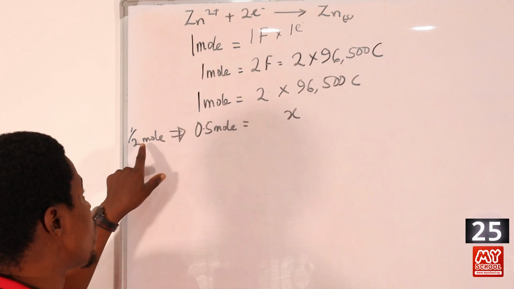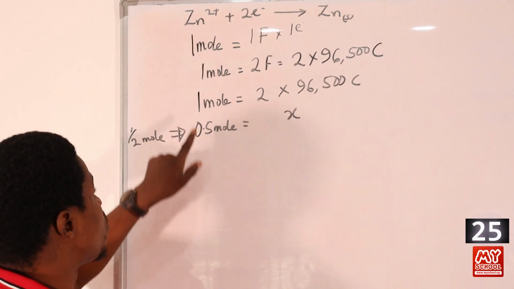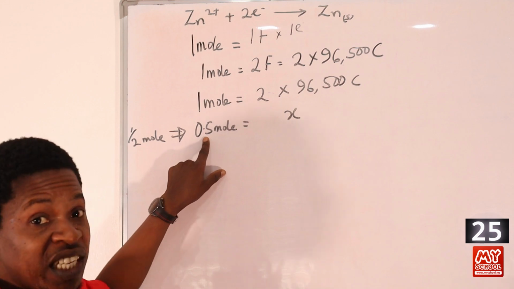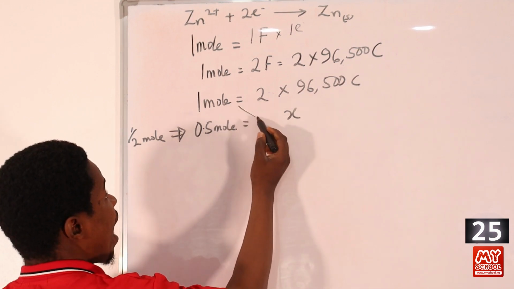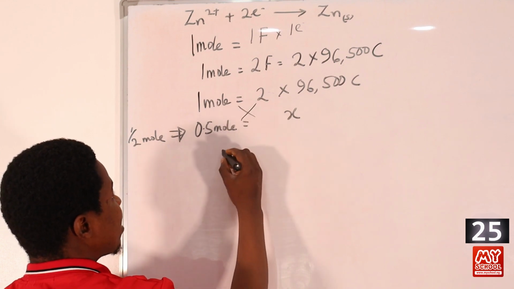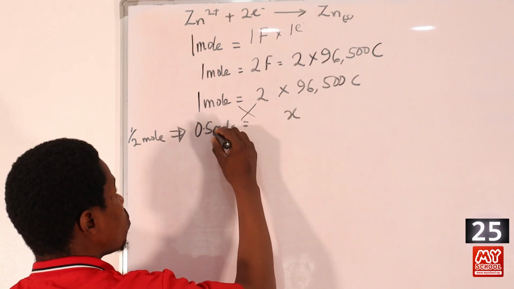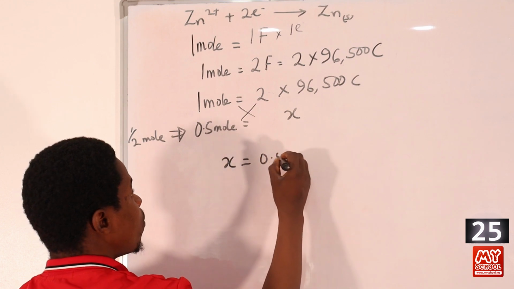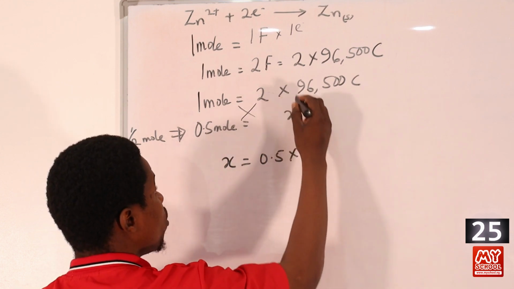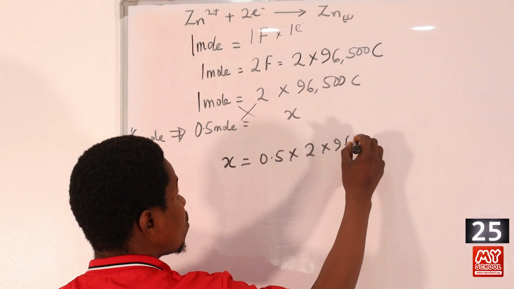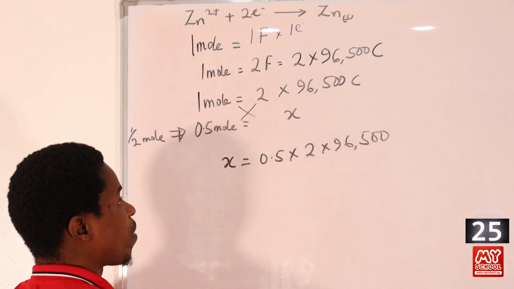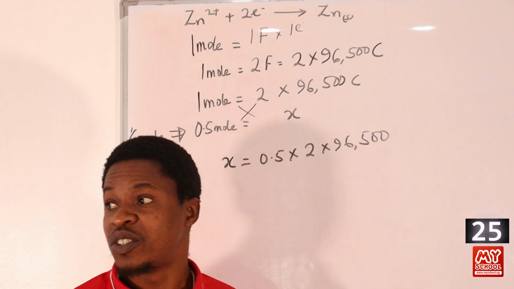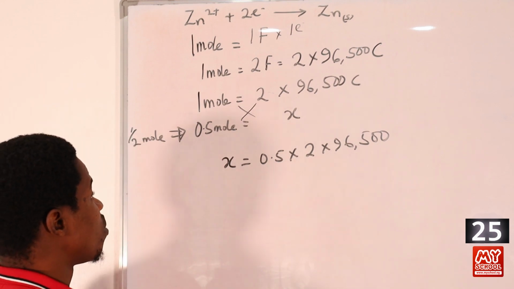But the number of moles is reduced from 1 to half mole, 0.5 mole. What will it be? So by the time you cross multiply, 1 mole times x will be equal to 0.5 multiplied by 2 multiplied by 96,500.